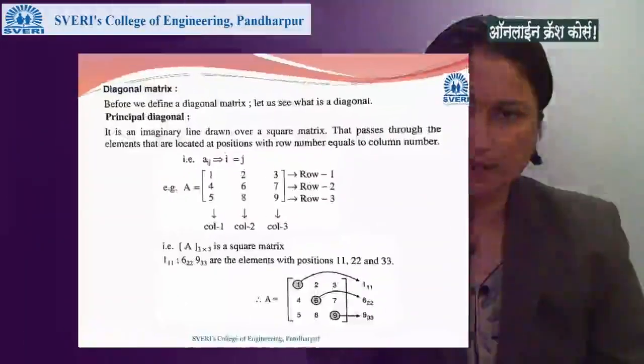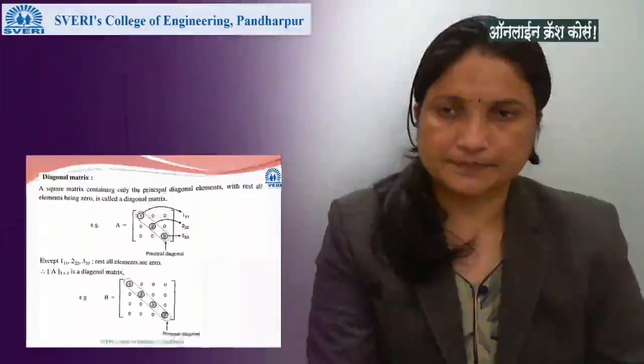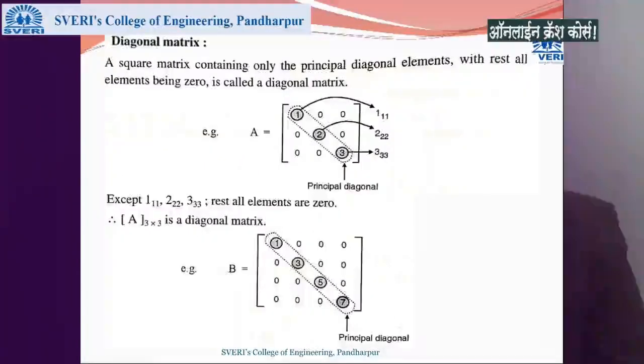Now after that, if we are going to see diagonal matrix, as we have idea about that principal diagonal elements. Okay, now, what is the diagonal matrix? A square matrix containing only the principal diagonal elements with rest all elements being 0 is called a diagonal matrix.